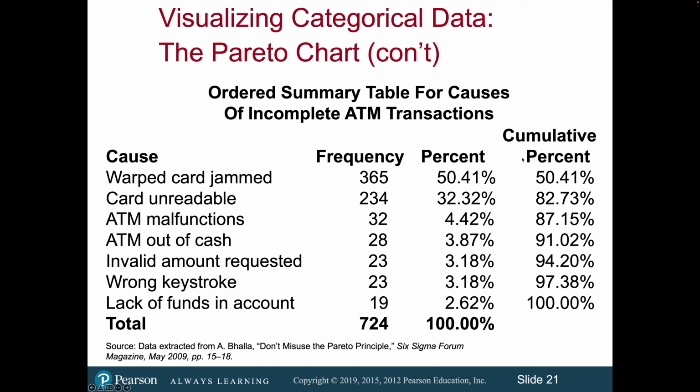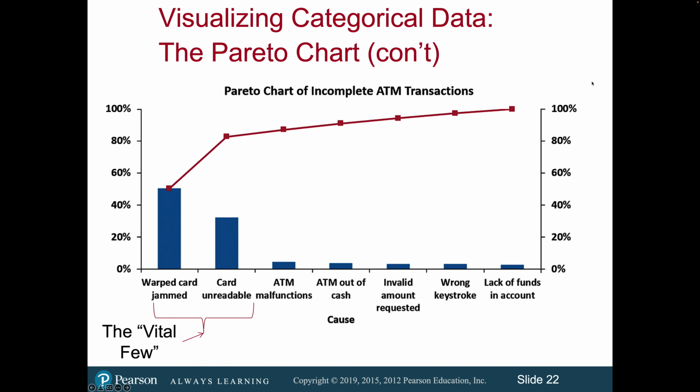Now, if we want to transition that into a Pareto chart, this is the way we do it. It's just a cumulative value starting from the most common reason for an incomplete ATM transaction. So that's one of those things you have to, again, tattoo to the brain.